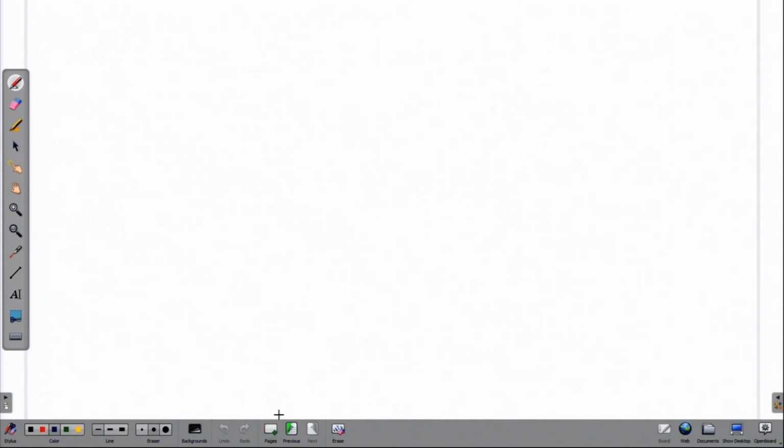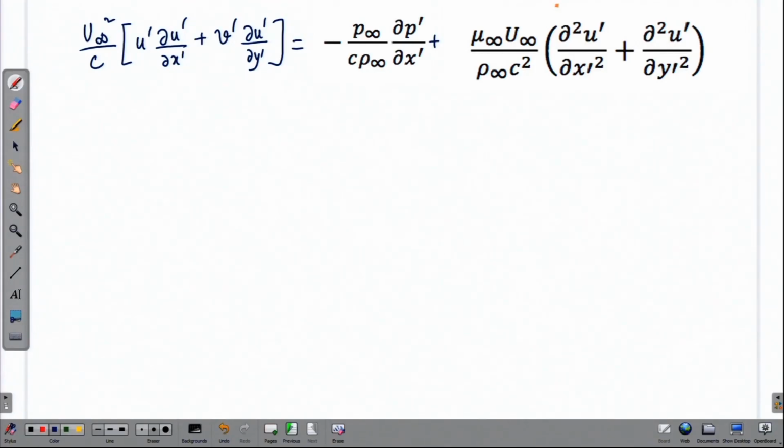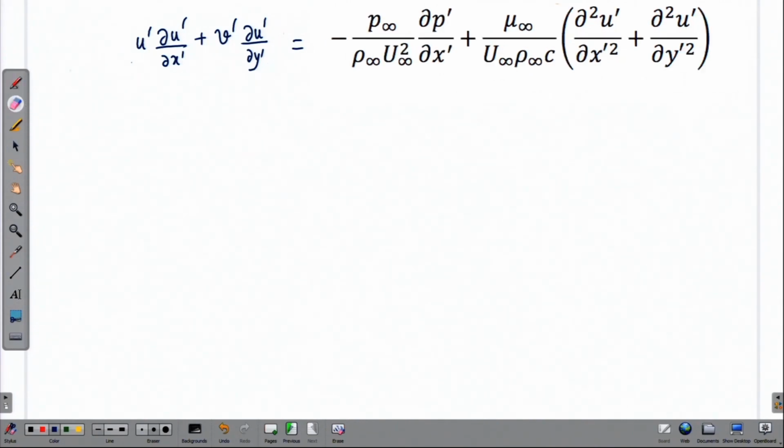Now, if you take the common terms out, then you can write it as... so, let us reorganize the terms on the right hand side.